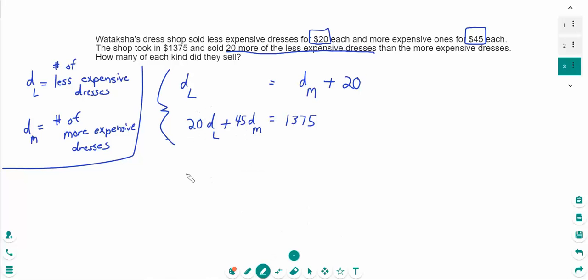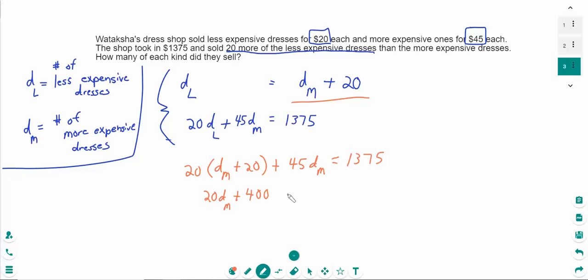We plug this in for all of our D sub L's in our second equation, and we have 20 times (D sub M plus 20) plus the rest of this, 45 D sub M is equal to 1,375. And we multiply this out. We have 20 D sub M plus 400, since 20 times 20 is 400, plus 45 D sub M is equal to 1,375.